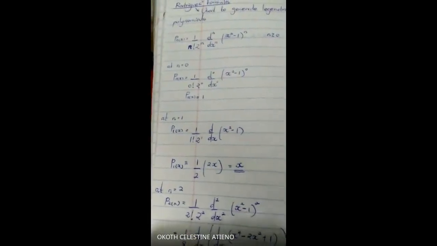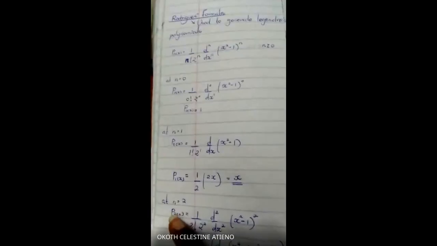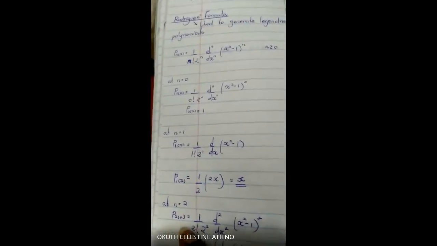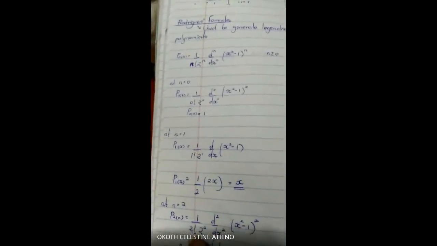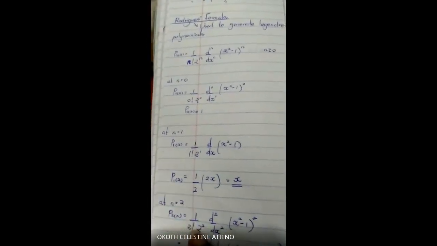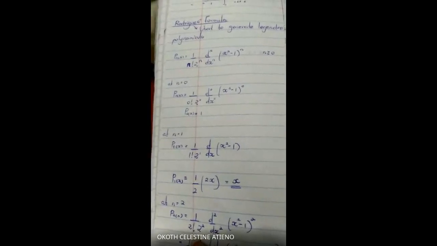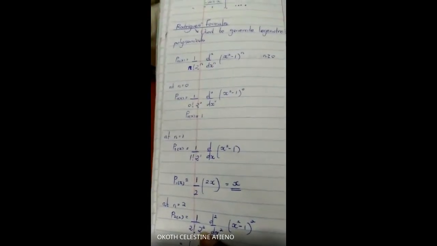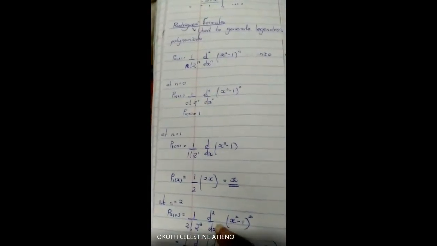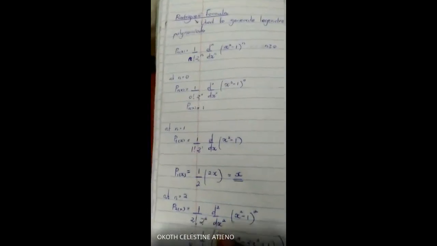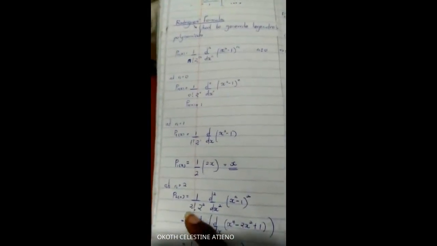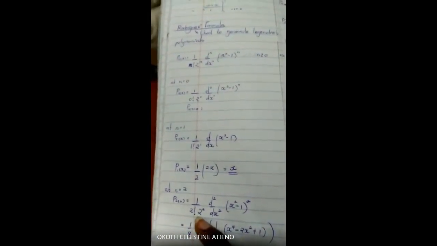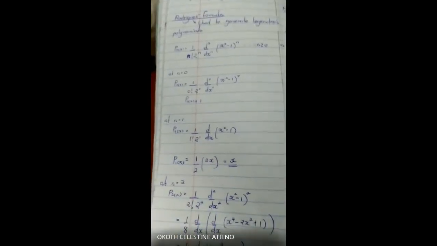Now to get n is equal to 2, for P2 of x, you have 1 over n factorial, so 2 factorial times 2 raised to power n, which is 2, so 2 raised to power 2. And then you have d raised to power n, so d raised to power 2 over dx squared, and then again this whole thing squared. So 2 raised to power 2 is 4 times 2 factorial is 8.